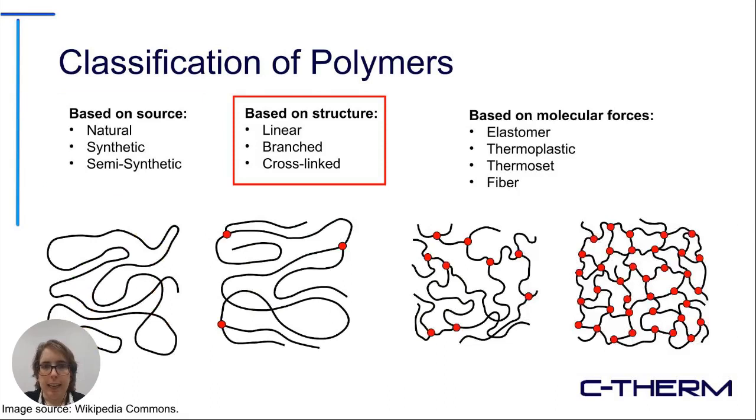A polymer chemist, on the other hand, might look at a polymer and think about classifying them based on their structure. So simple linear polymers versus branched versus cross-linked polymers would be what a polymer chemist might look at and find useful in terms of classifying the material. You might also classify those polymers, in addition to the structure, by the chemistry of the material. So what is the repeating unit being used?